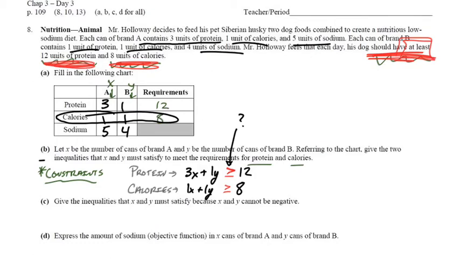Or I guess it just says 8 units of calories, whatever units they're measured in. So that's perhaps the biggest difference between day 2 and day 3. It's still a real-life scenario that we're setting up the constraints for. You'll notice, though, on day 2 these all tended to be less than or equal to, and now they're all greater than or equal to a certain value.